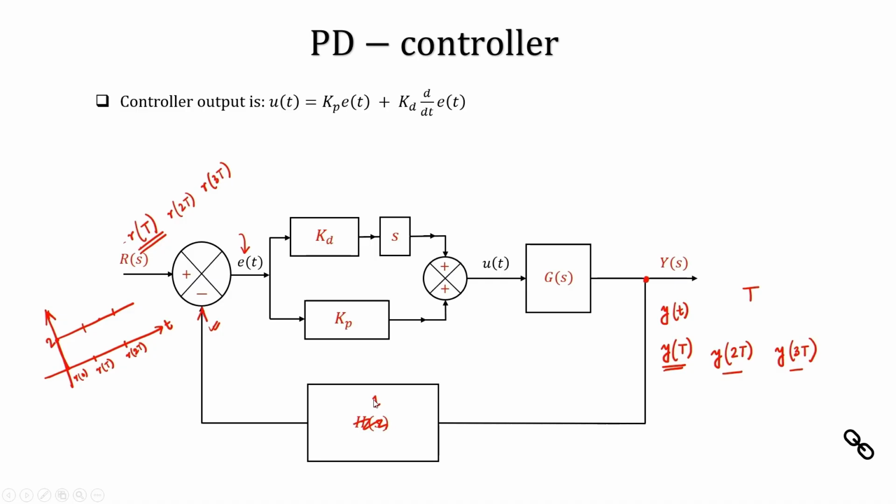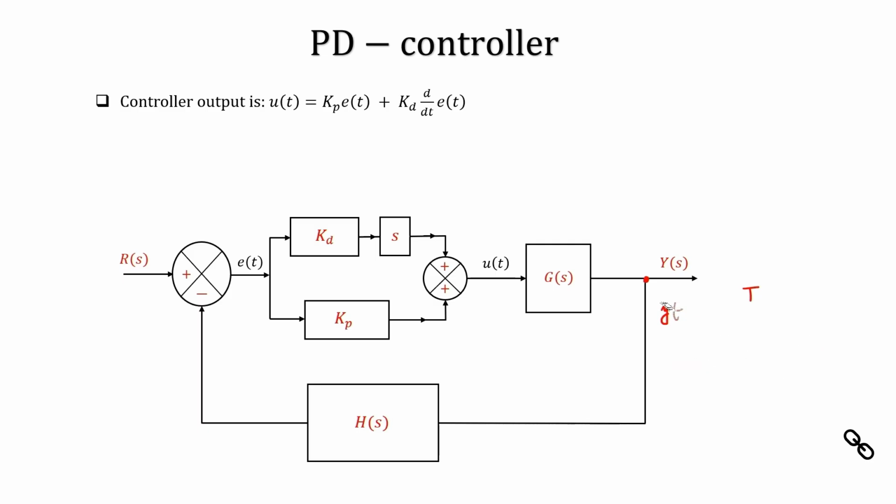Then the error signal becomes e(T) = r(T) - y(T) at the time instant T. In the same way e(2T) = r(2T) - y(2T) at the time instant 2T. So basically, from the continuous time signal, we are converting these to discrete time signals during implementation.